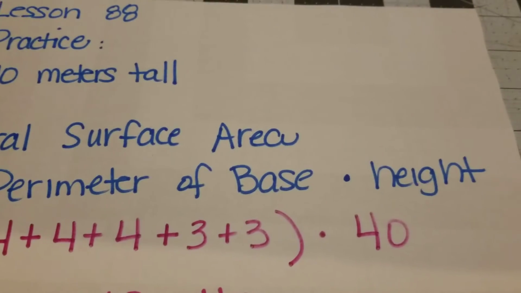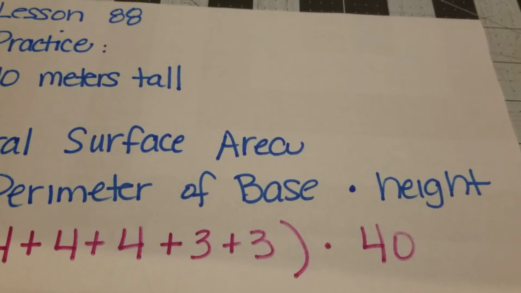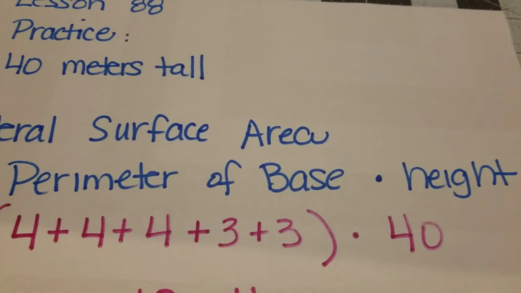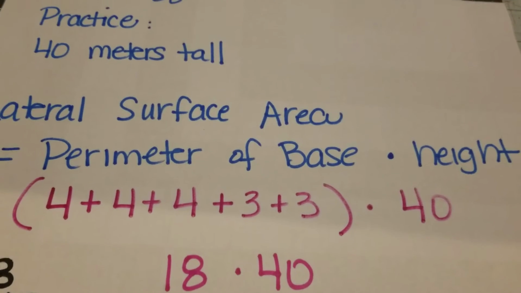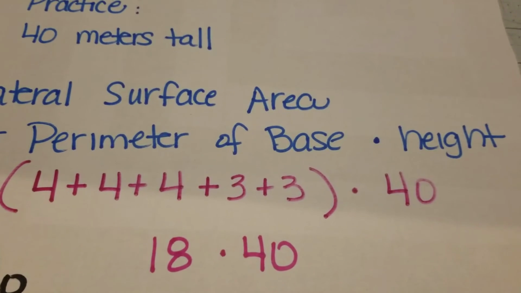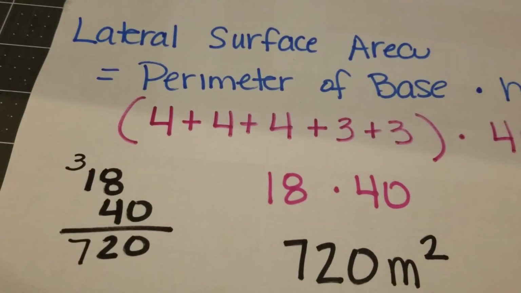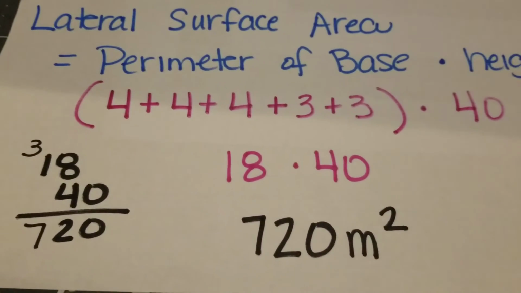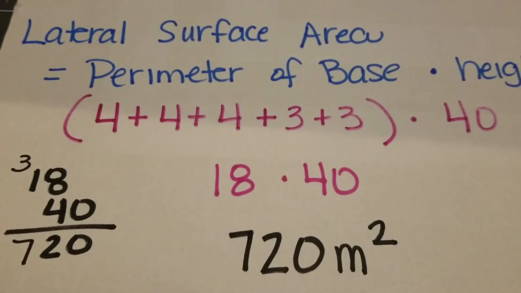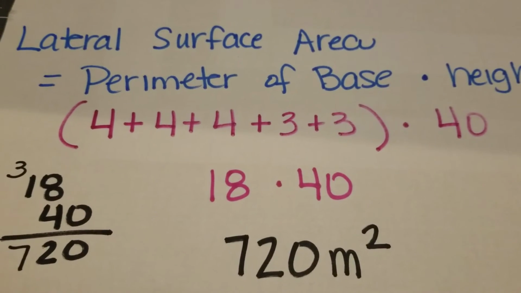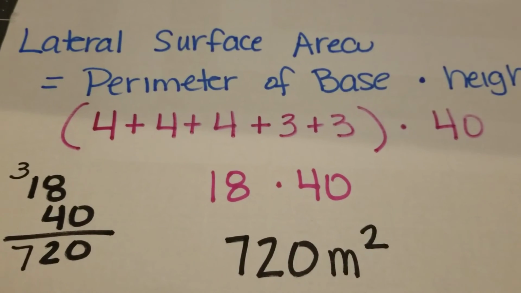Now, within the context of the question, it said that it was 40 meters tall. So that's our height. So then we go ahead and we add what's in our parentheses. We get 18 times 40. I went ahead over here and solved it for you to multiply, and it's 720 meters for the lateral surface area, the amount of area around that picture.